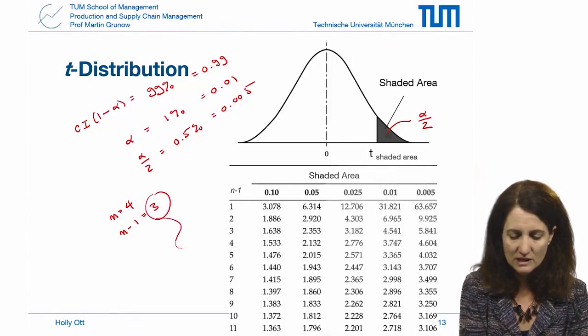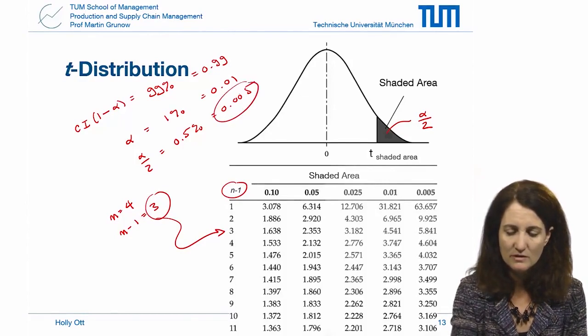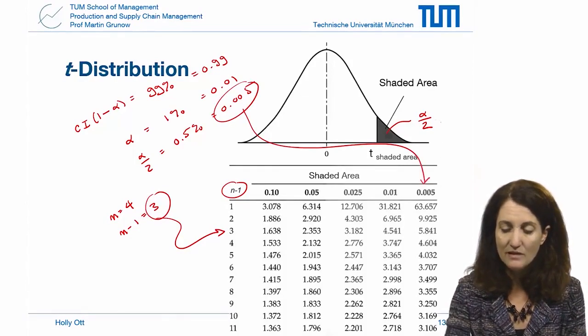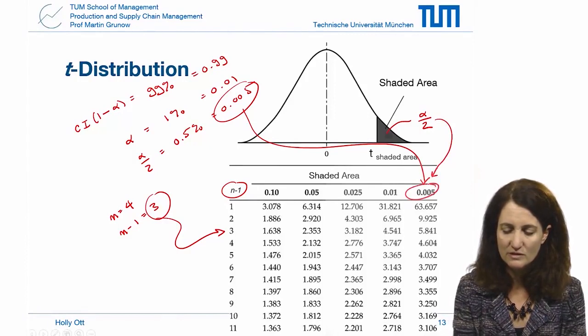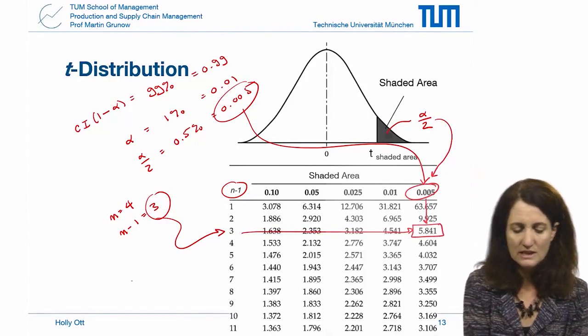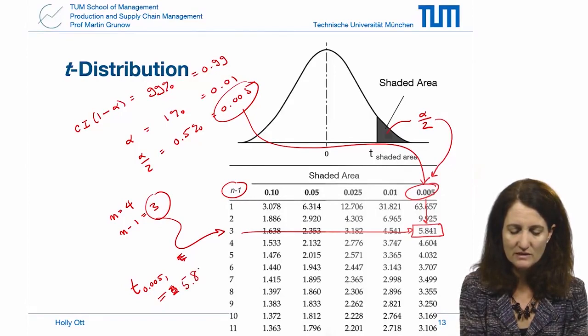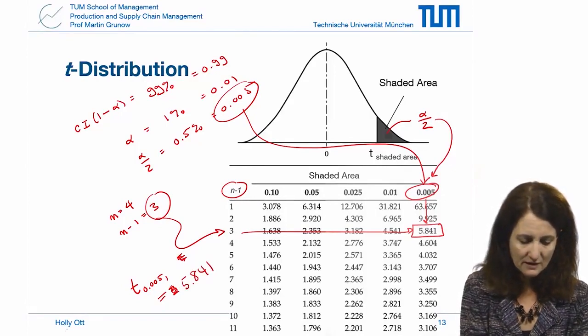So we look on our table for the degrees of freedom equal to 3, and for the alpha over 2, the shaded area, equal to 0.005. At the intersection, you see that the T for 0.005 with degrees of freedom equal to 3 is equal to 5.841.